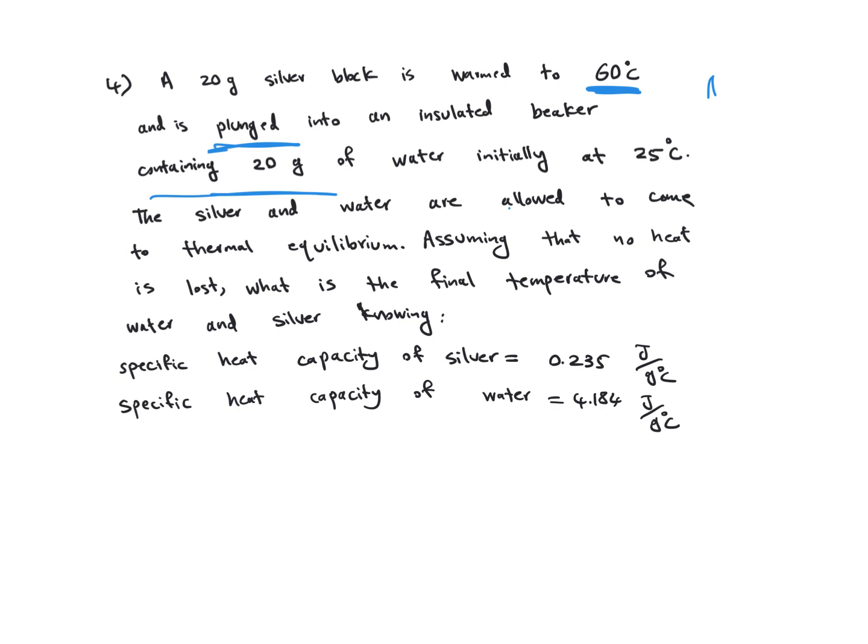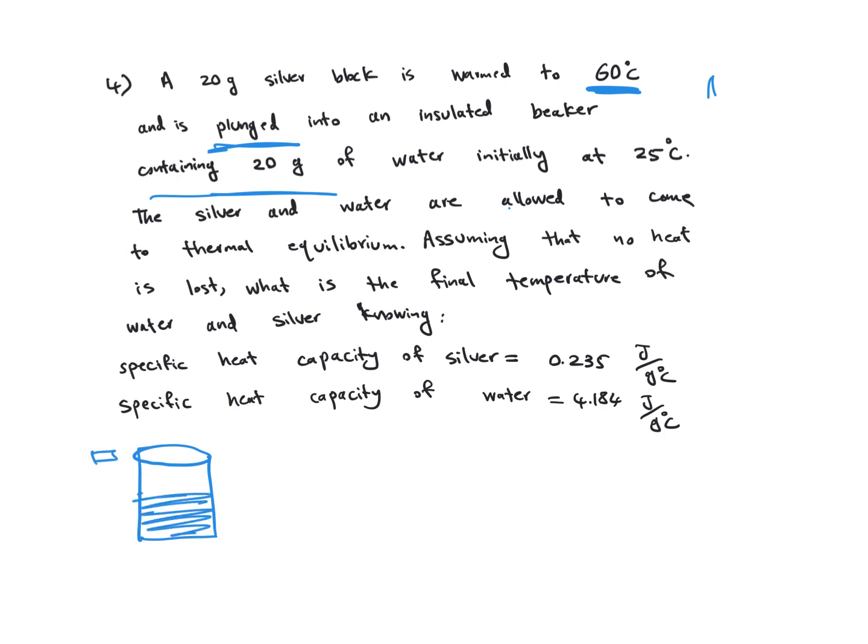So imagine, and then that is insulated, meaning that you only consider the water in the beaker and also your silver block. So this is a good example that if you consider the concept of system, it can help you to solve this problem. So imagine this is my beaker and it has water in it, right?